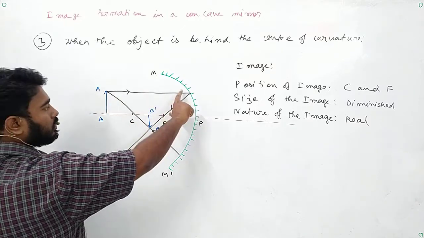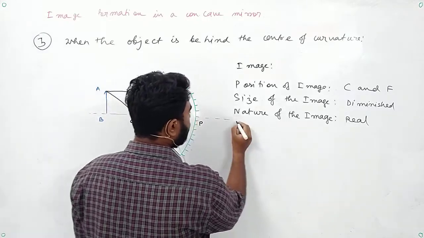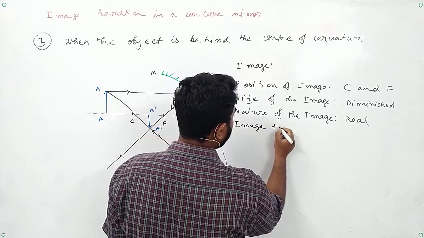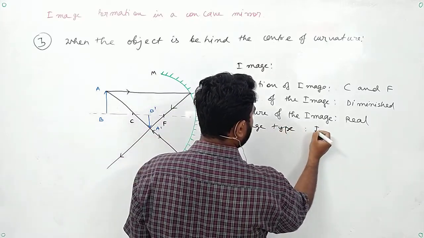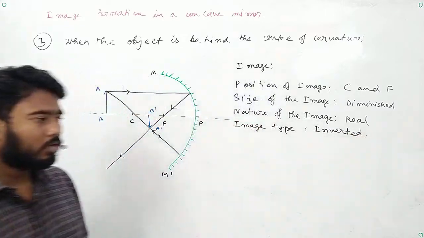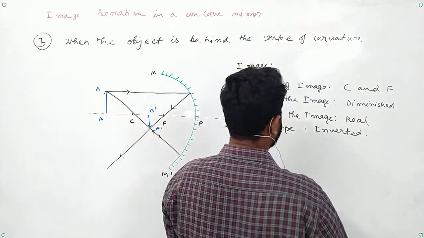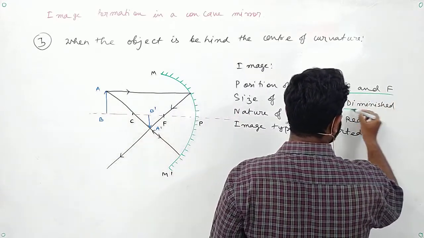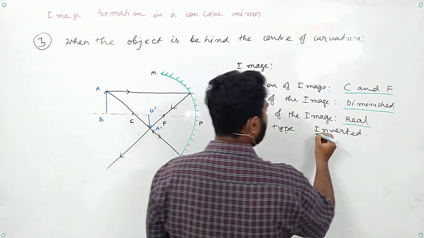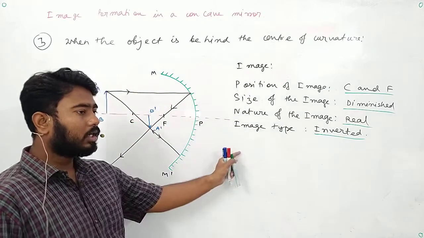So image type is inverted. Is that clear? So the image is between C and F. The size of the image is diminished, the nature of the image is real, and the image type is inverted. Is it clear to all of you?